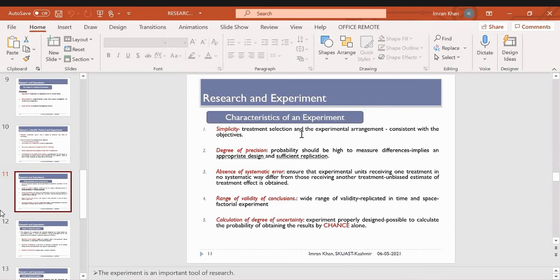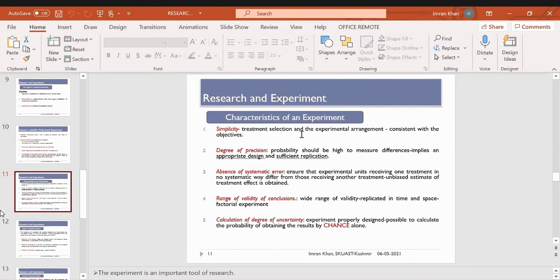Second, it should have a certain degree of precision. By degree of precision, we mean the probability of measuring differences should be high, which implies an appropriate design and sufficient replication. That's what we were just discussing, what we mean by replication. If you have sufficient replication, the precision of your results will be high.